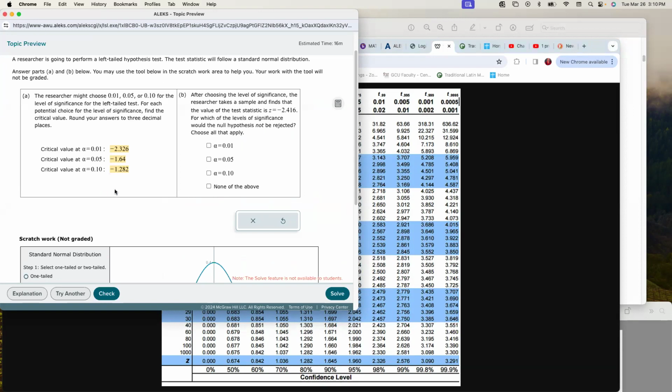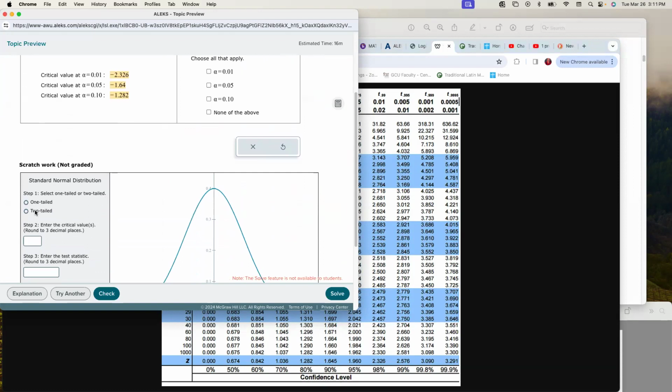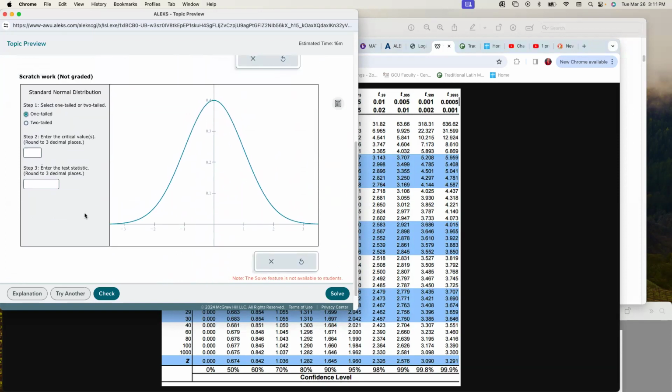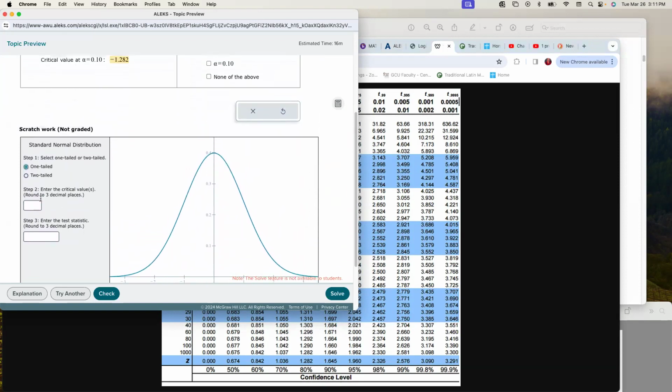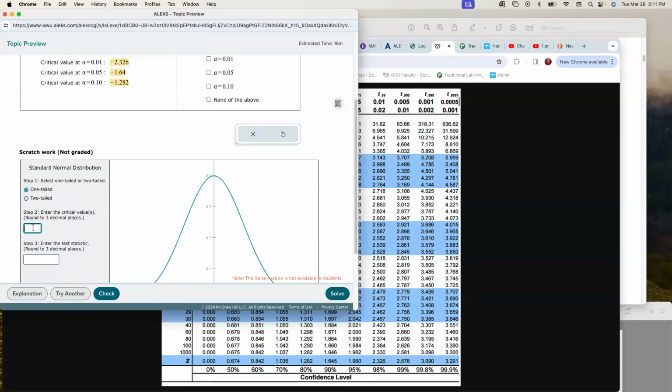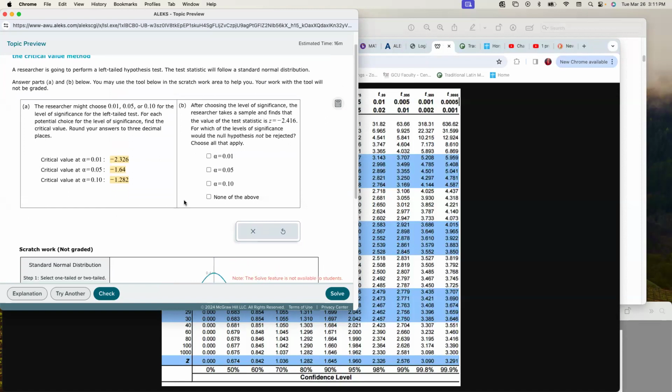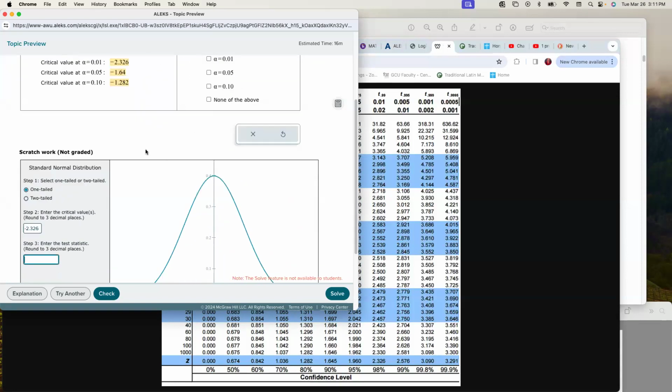All right, so that's what I have here. Again, you could see that this would be a one-tailed test. I guess it's scratch work here. Just enter these critical values. Let me type in the first one, negative 2.326. Okay, there we go. And we're going to put our test statistic in there, which is negative 2.416.